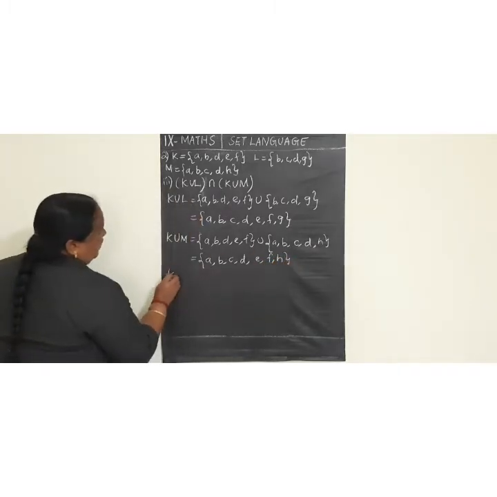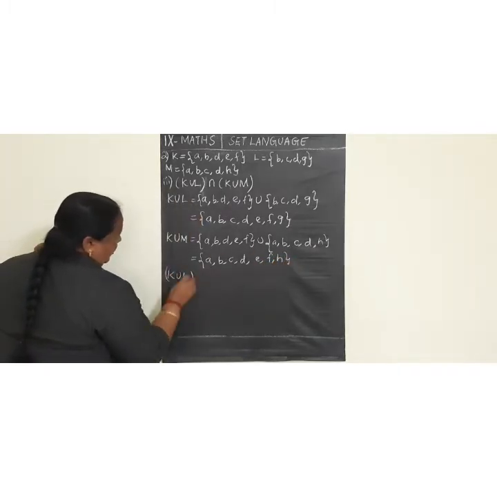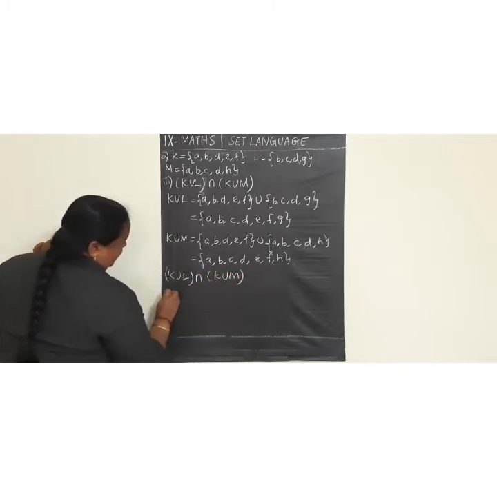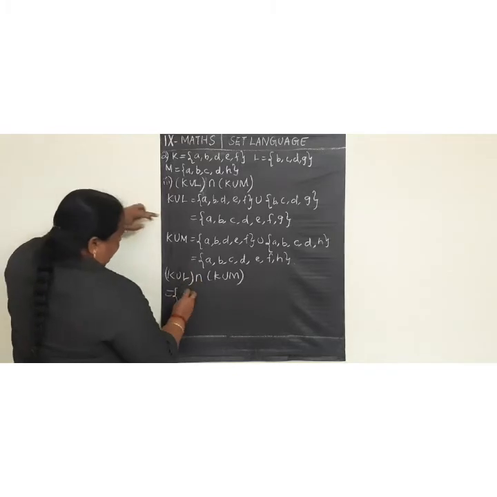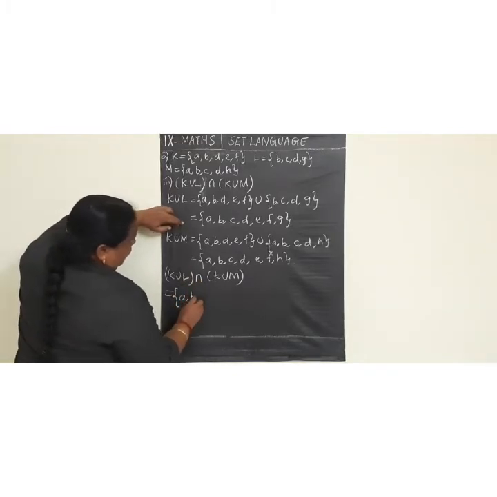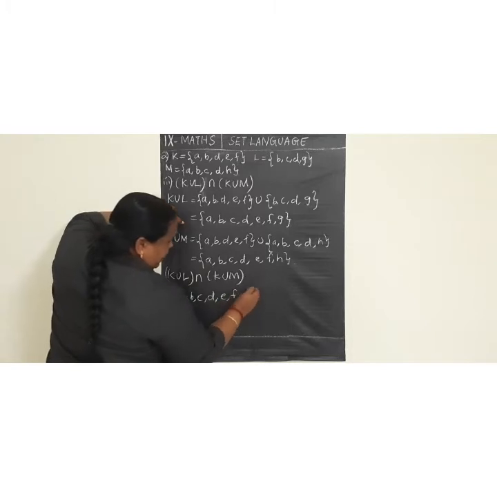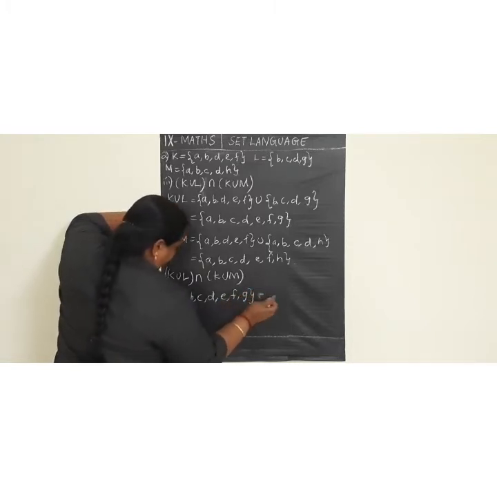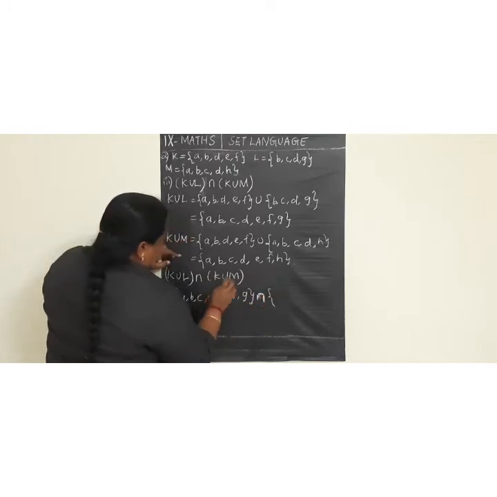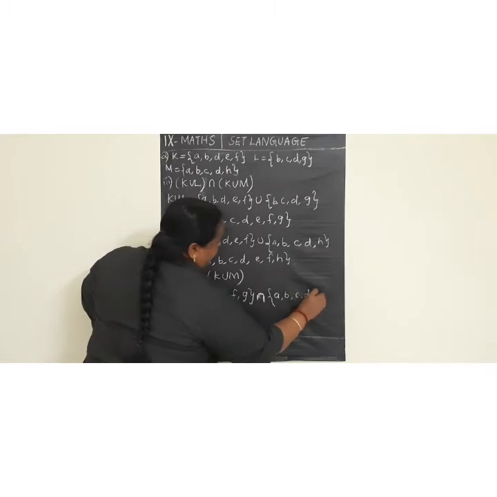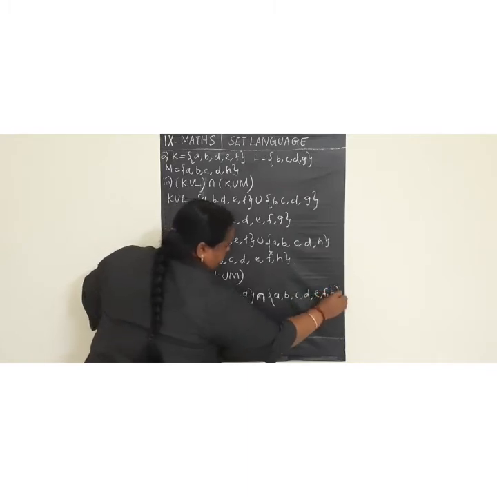Now we have to find (K union L) intersection (K union M). K union L is equal to {A, B, C, D, E, F, G} intersection K union M, {A, B, C, D, E, F, H}.